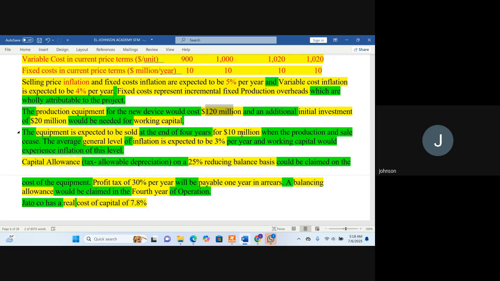We check it. We are going to compare that sales proceed with our tax written down value as at the end of the period.